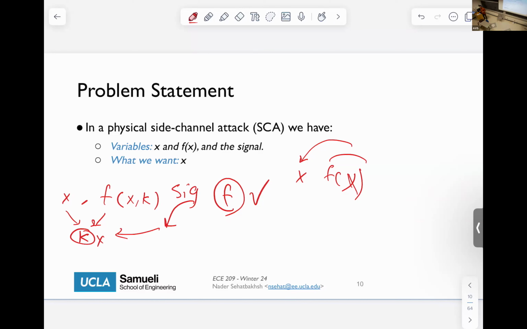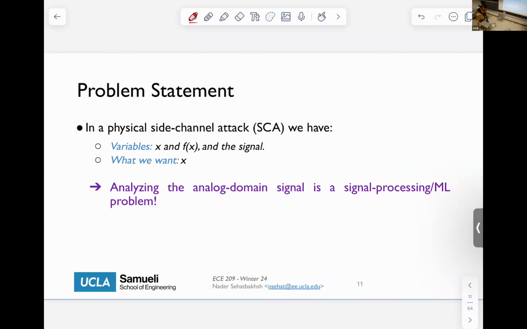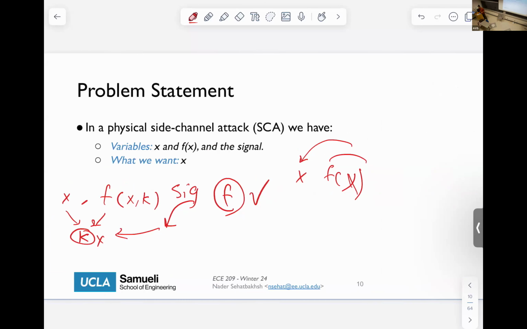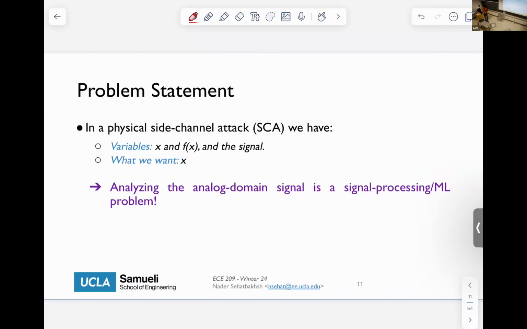And this f of X can be anything. It could be linear functions, nonlinear functions, or a collection of these things. So as a result, analyzing these signals becomes more of a signal processing, or more recently a machine learning problem, really. So we want to look at a particular signal in any domain.